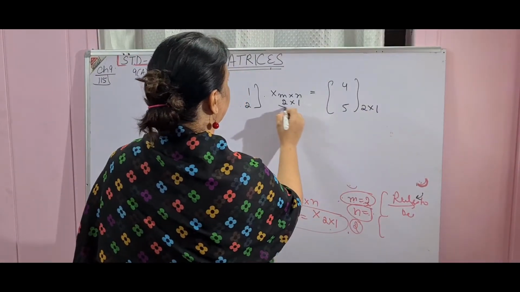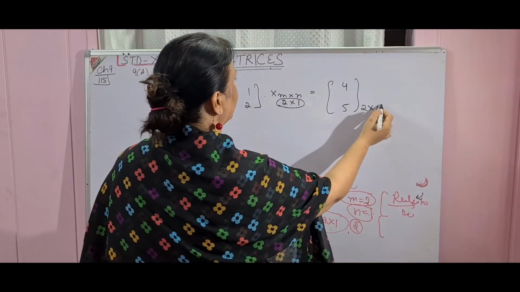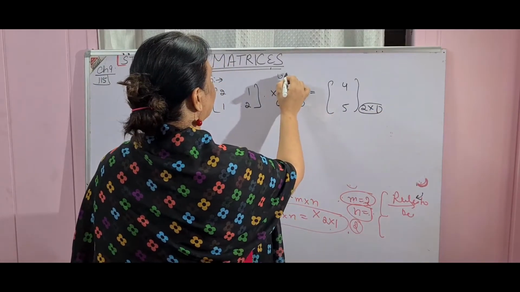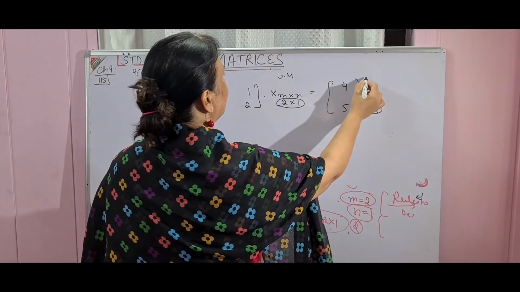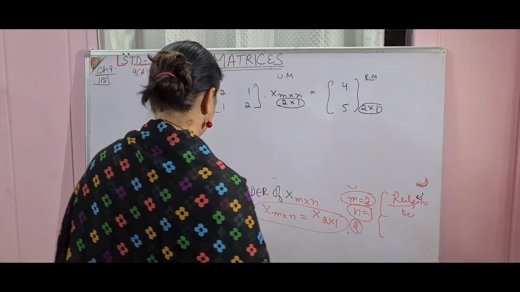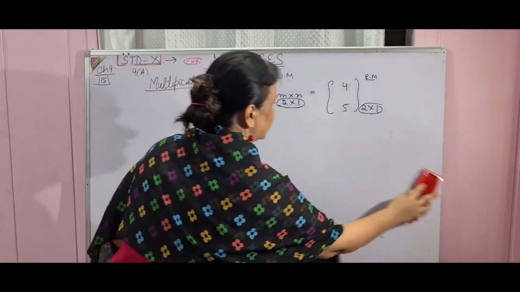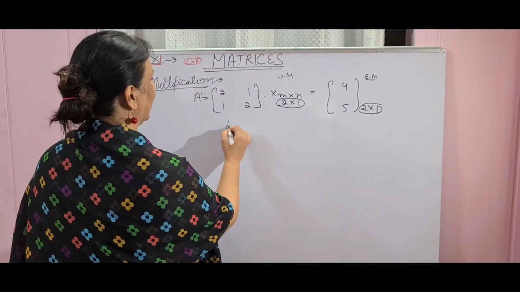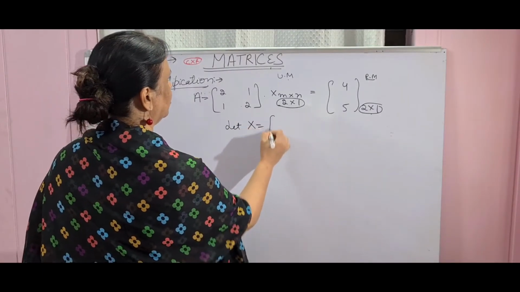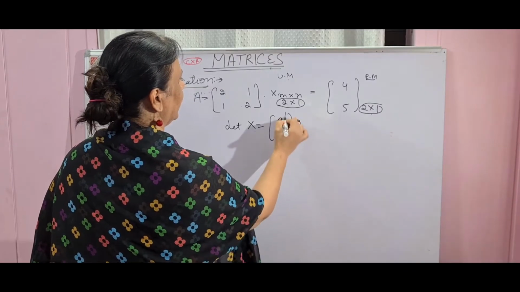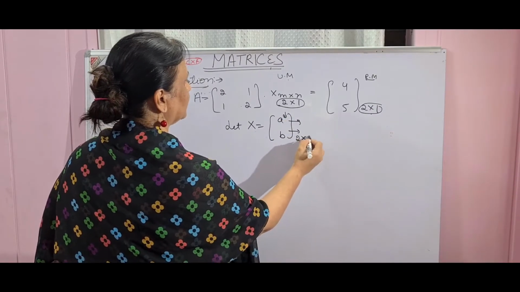So see, for your hint, just to make it easy, I'll tell you that the unknown matrix order is always the same as the resulting matrix order. From there you will come to know that you are going on the right lines. Now see, the order is 2 cross 1, so let X is equal to a, b. 2 rows, 1 column, 2 cross 1.